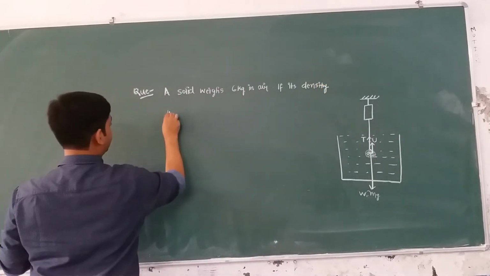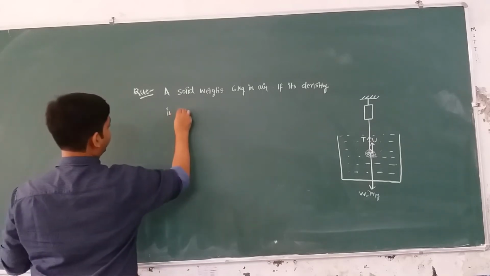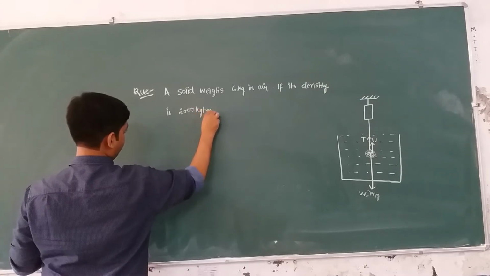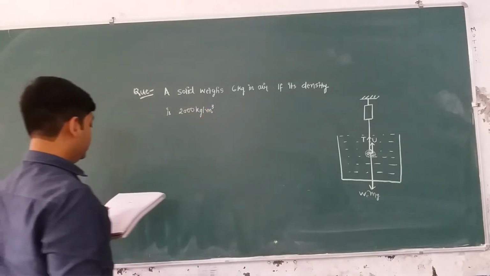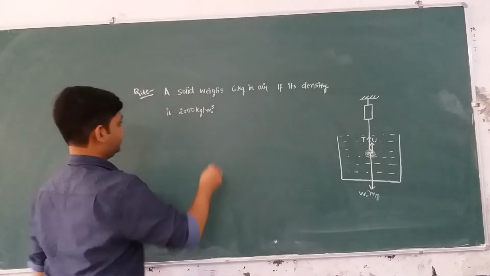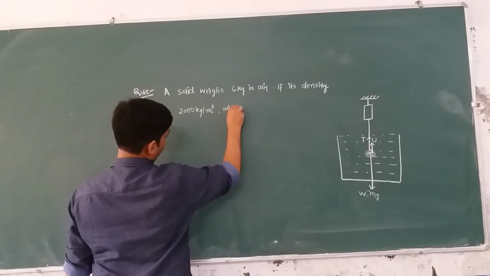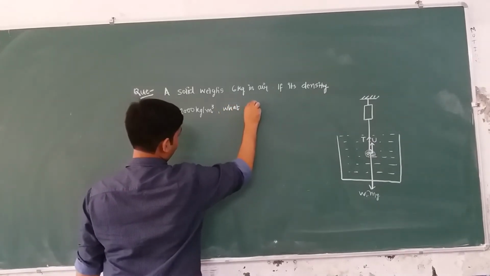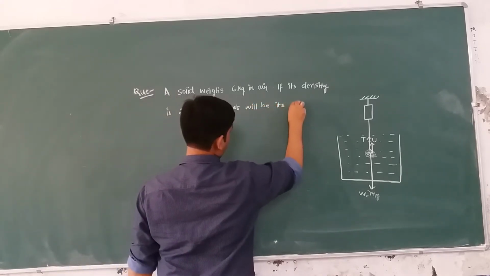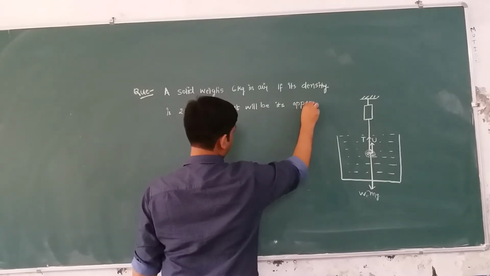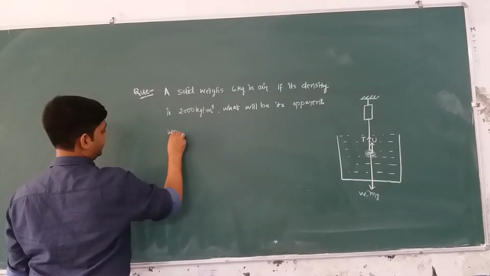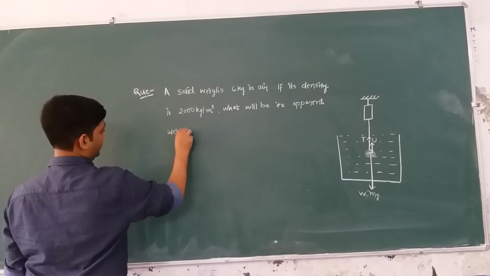If its density is 2000 kg per meter cube, what will be its apparent weight in water?